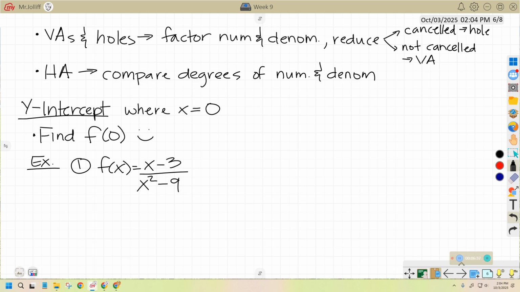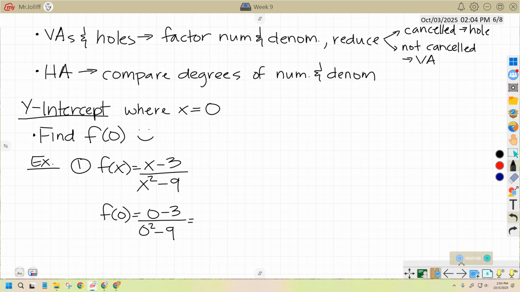So I have the function x minus 3 over x squared minus 9. I want to find its y-intercept. And I know to find my y-intercept, I'm finding f of 0. Which means everywhere I see an x, I replace it with a 0. 0 minus 3 over 0 squared minus 9.